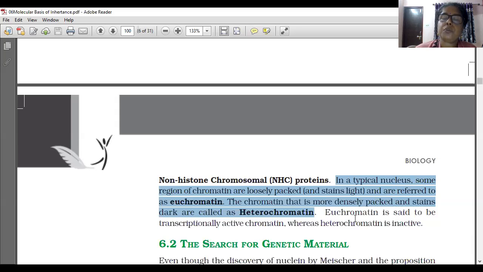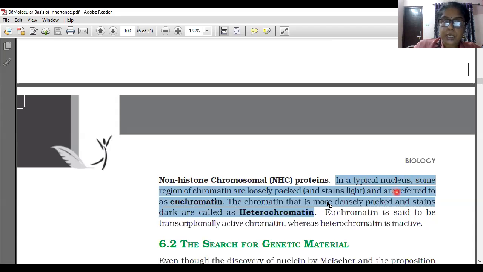Another difference: euchromatin is said to be transcriptionally active. Transcription means some messenger RNA is forming from this portion only. Whereas heterochromatin is inactive. So two differences are there.